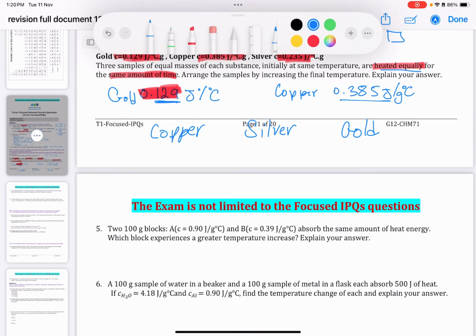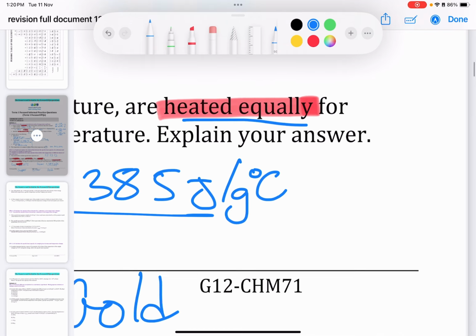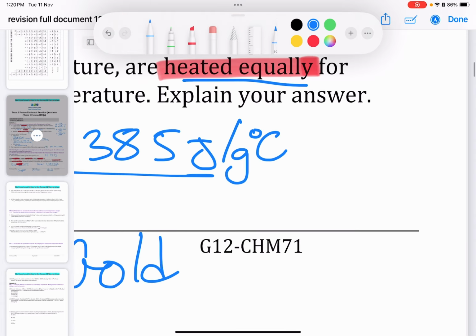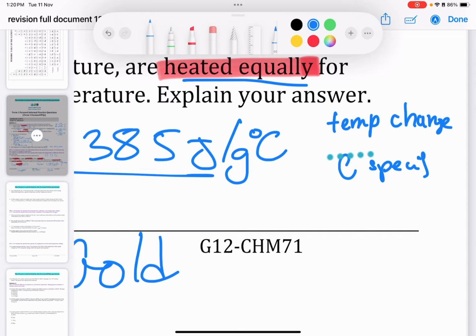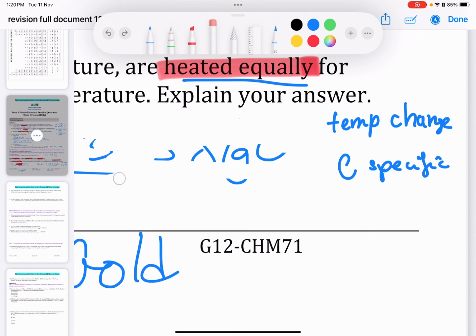You need to understand that temperature change and specific heat capacity are indirectly proportional. I'm just going to erase this to provide space.